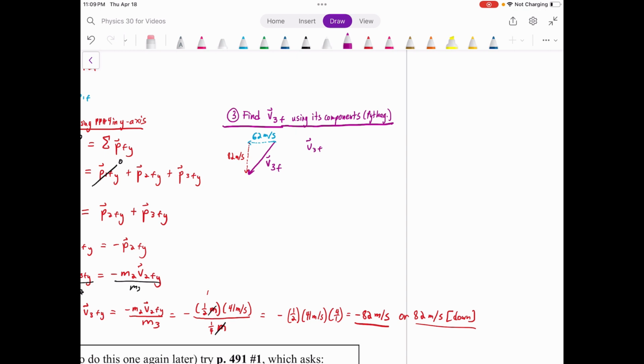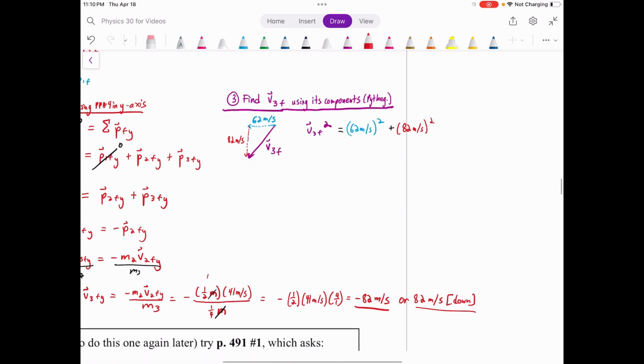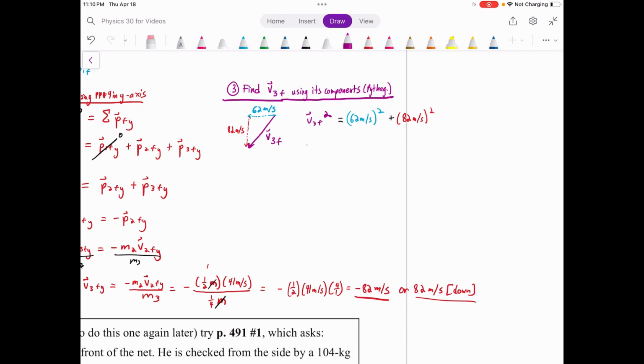So V3 final squared is going to equal 62 meters per second squared plus 82 meters per second squared. So square root both sides and then square those and add them, and we will have the magnitude of our final velocity for the third object. So squaring these two and adding them, I got 10,568 meters squared per second squared because we squared those meters per second.